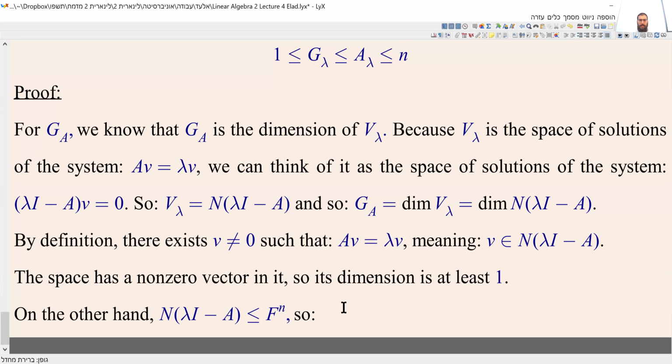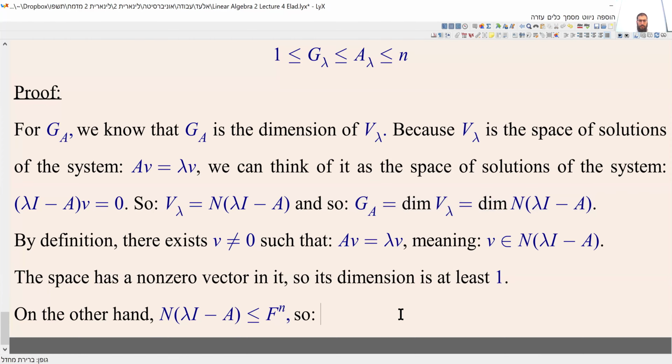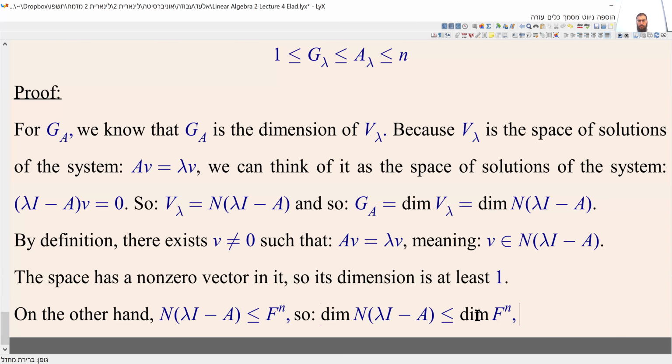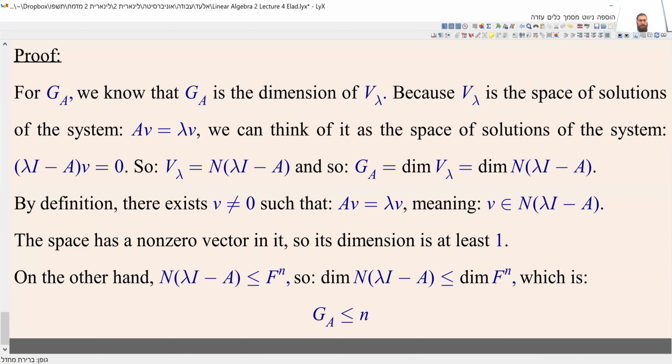So the GA, the dimension of it, let's write down 2 steps. First, the dimension of N of lambda I minus A is smaller than the dimension of F^n, which is n.